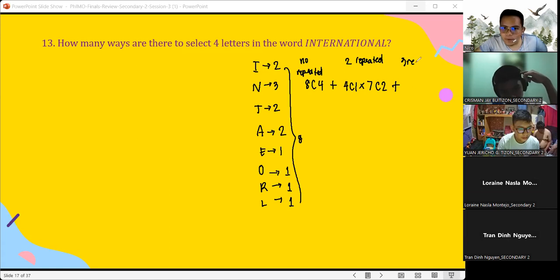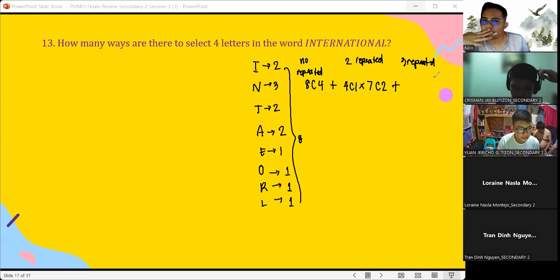Correct. Four repeated. And then one repeated, two repeated, three repeated. Wait, let me double check. If it's two repeated letters, three repeated, then all repeated.